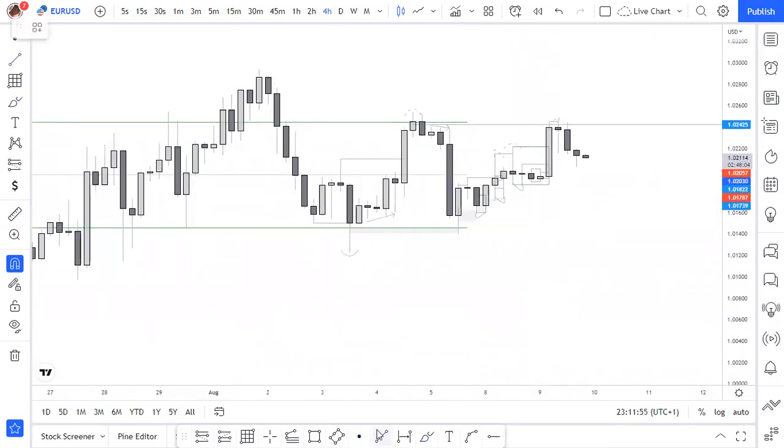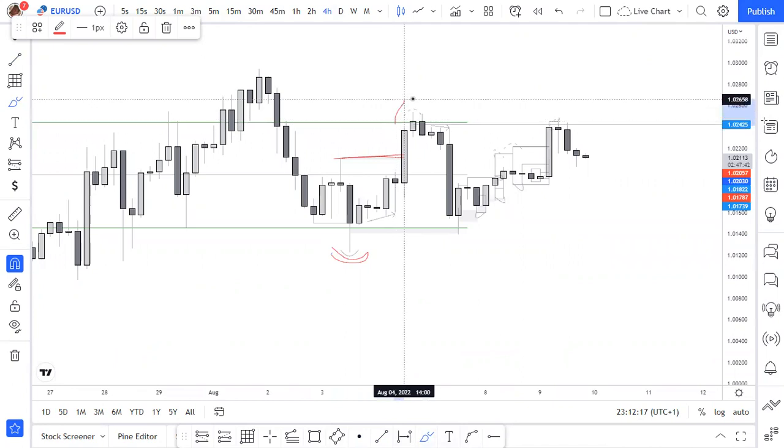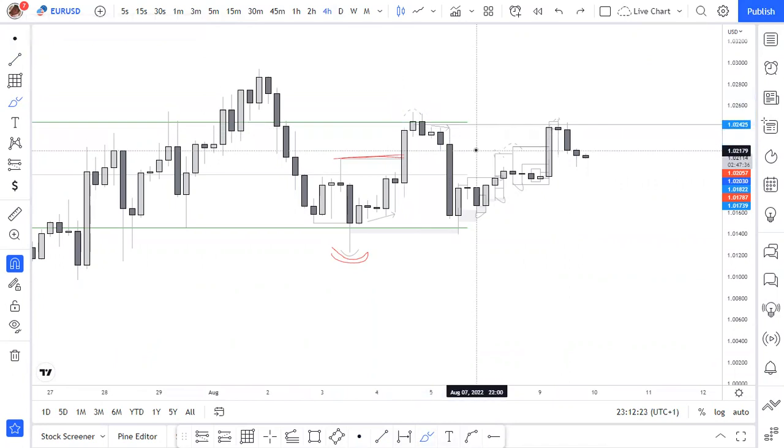We already had, I don't know what to call it, but I think just call it a reconstruction or some kind of break of supply. So we already had some kind of break of supply in price, breaking above this range. So I was thinking, okay, we are working within this low here and this high. This is our trading range on the 4 hour.